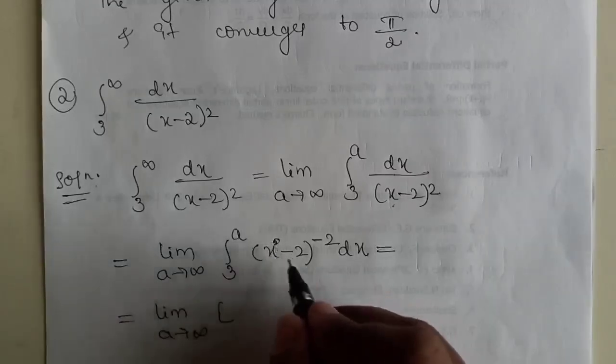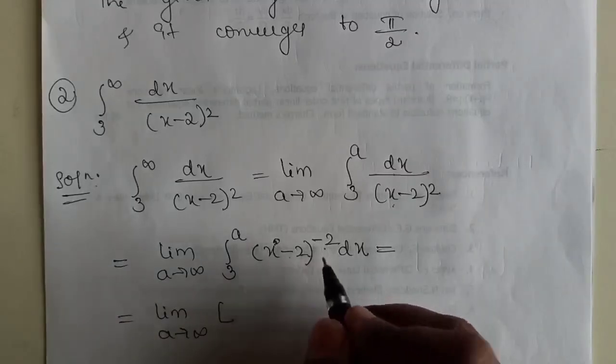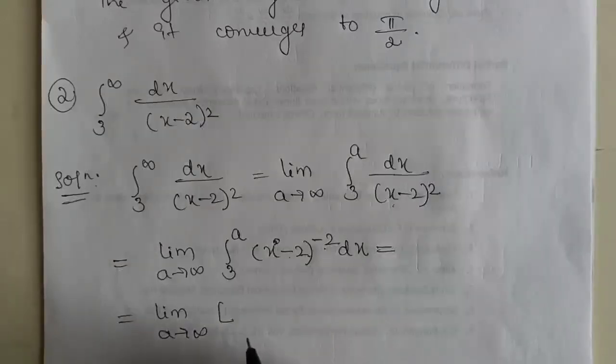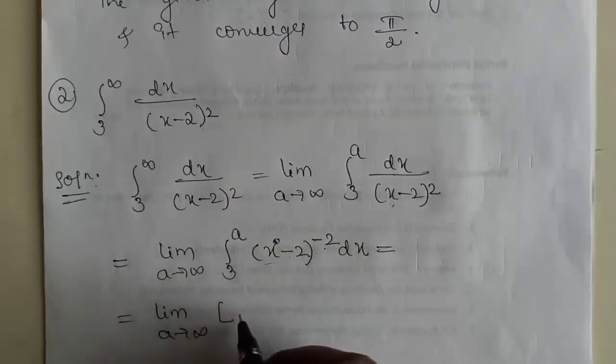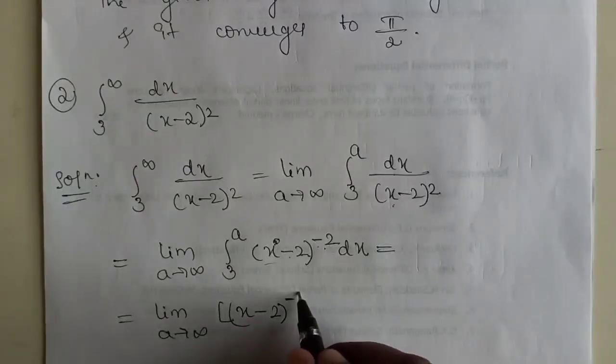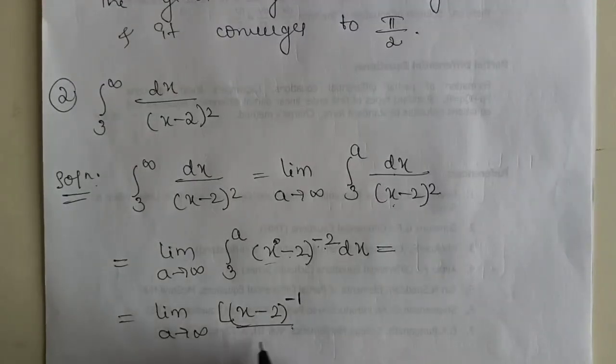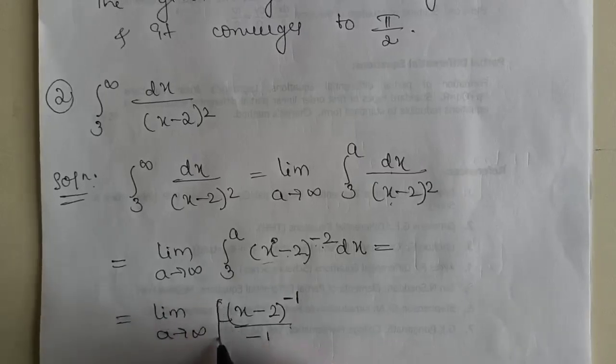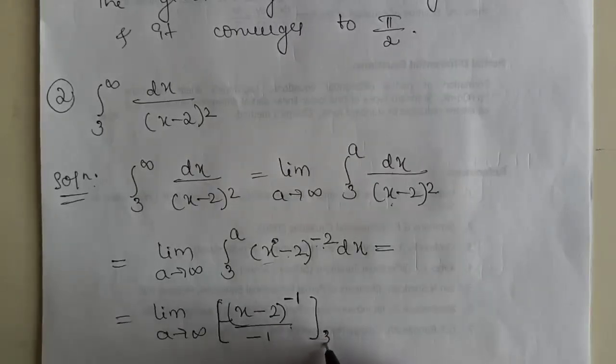Now the integration of (x minus 2) power minus 2: using the formula for the integration of x raised to n, we get x raised to n plus 1 divided by n plus 1. In the place of x we have x minus 2, and n plus 1 means minus 2 plus 1, which is minus 1, divided by minus 1, with limits 3 to a.